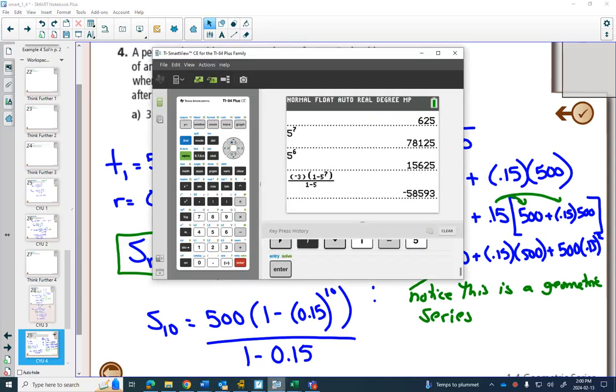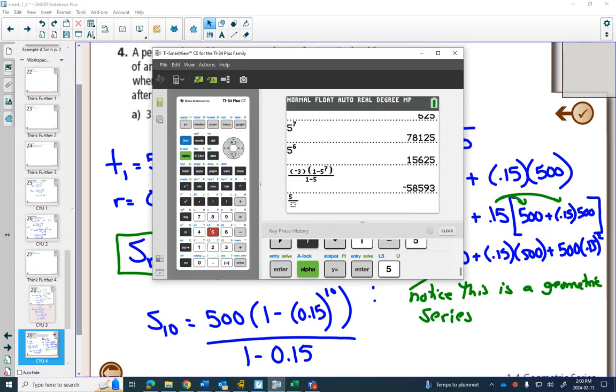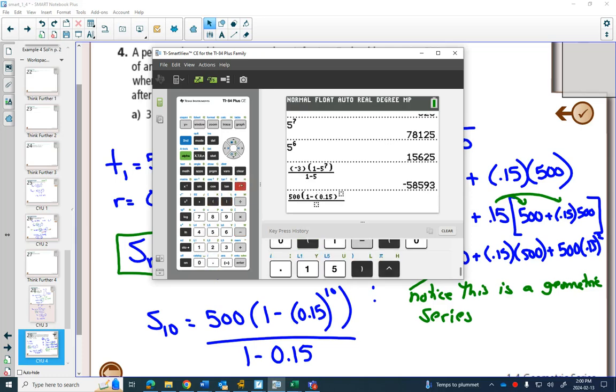I go to my calculator, I can type this in all at once, 500 bracket 1 minus 0.15 to the exponent of 10. Close that bracket, over 1 minus 0.15.